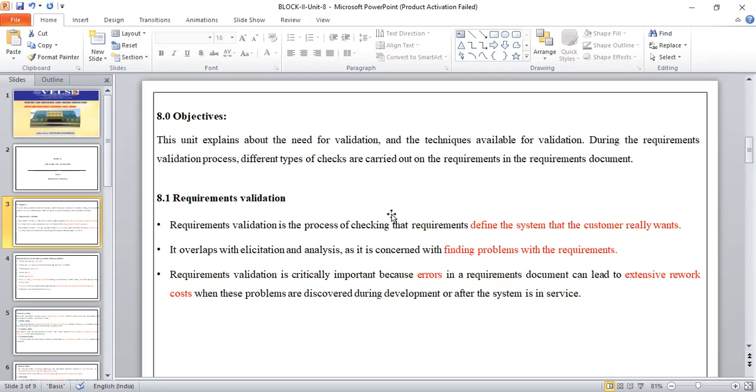During the requirements validation process, different types of checks are carried out on the requirements. We are going to see them one by one. What is requirements validation? It is a process of checking that the requirements define the system that the customer really wants. The actual goal of software development is to satisfy the customer needs.